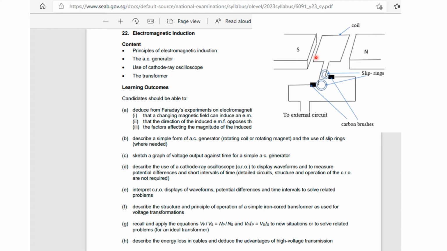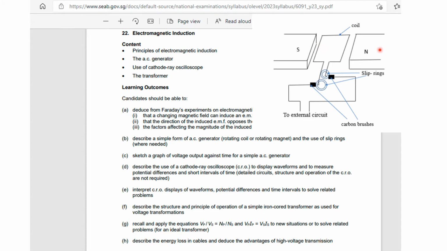If we are talking about hydroelectric power, there will be a turbine that is being turned by the moving water. When this turbine turns, it will cause this coil here to turn as well. So you have this coil that is moving and it is in between magnets.